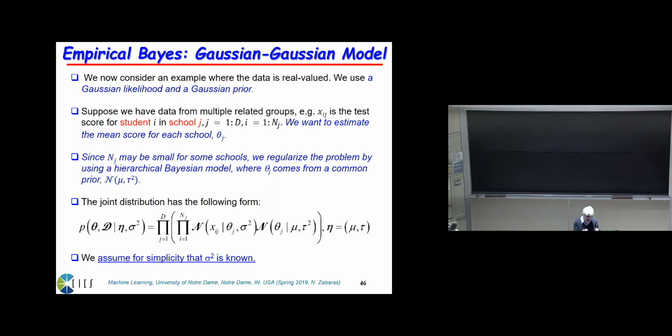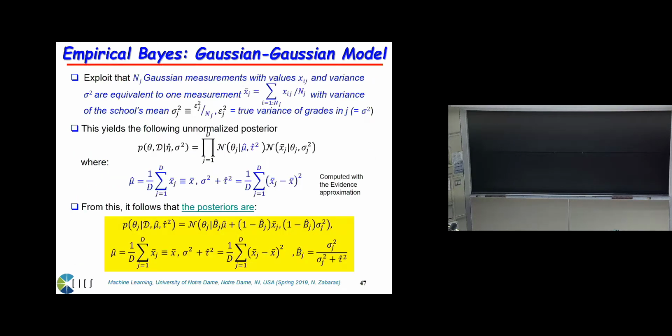So it comes out, if you multiply all these likelihoods for the individual grades of every student, the effect on theta j is the same if you take one Gaussian where you pretend that you have only one measurement, which is the sample mean, all right? The sample mean, which you see here, and the mean is theta j, all right? And the variance now is not sigma square, but sigma square divided by nj.